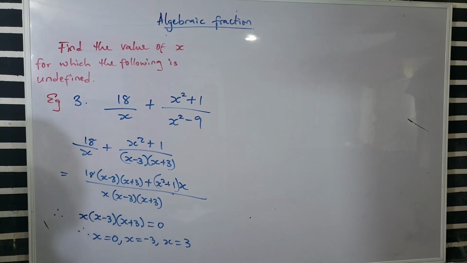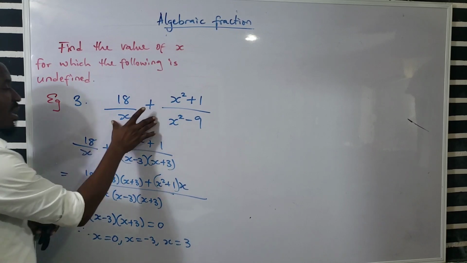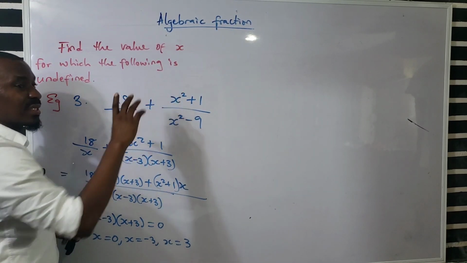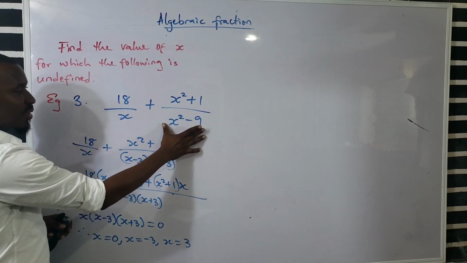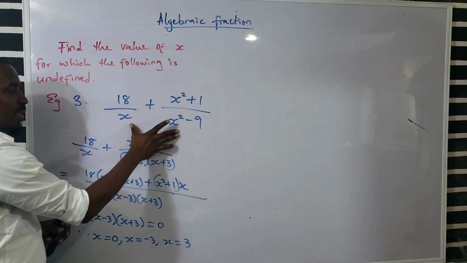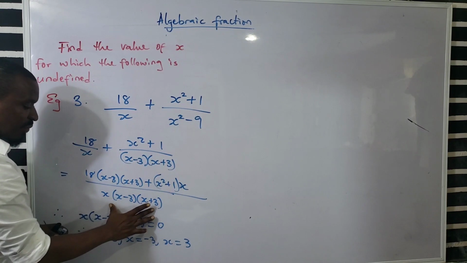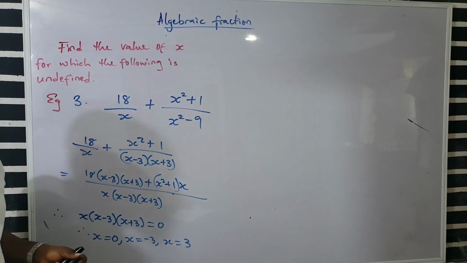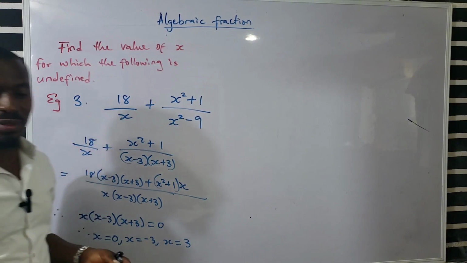So these are the points at which this expression will not exist. Okay. So the lesson to learn here is that whenever you have a fraction that is not a single fraction, you first of all factorize. Then take your LCM, put it in a single fraction before you now equate the denominator to 0 to find those points at which the expression will not exist.